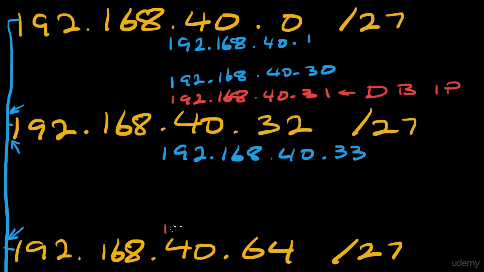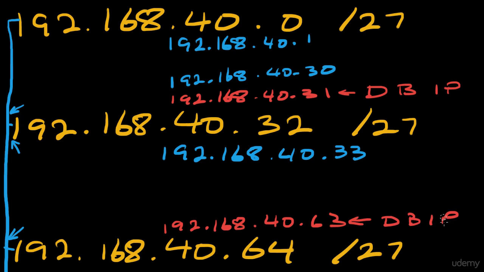That therefore would be 192.168.40.63. This is the directed broadcast IP. The one right before that, therefore, would be the last valid IP address for the 40.32 network. It'll be 192.168.40.62.